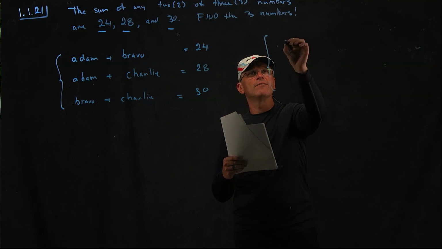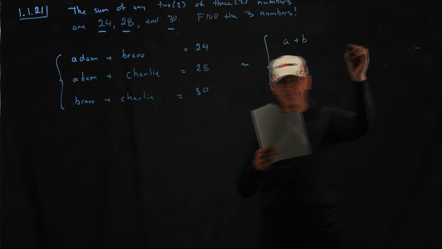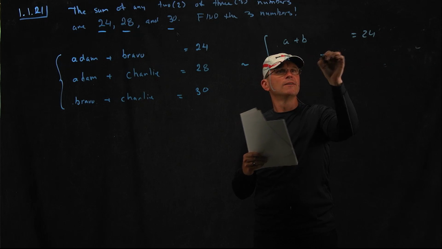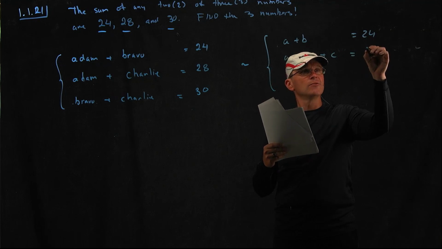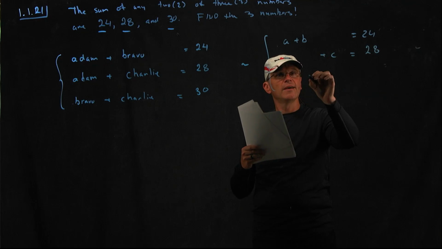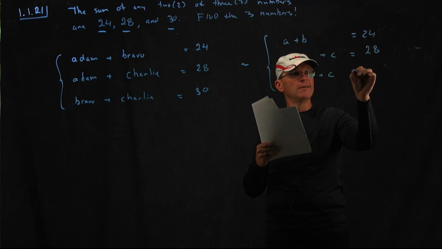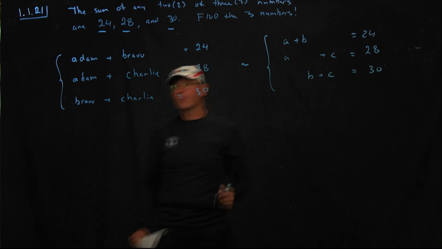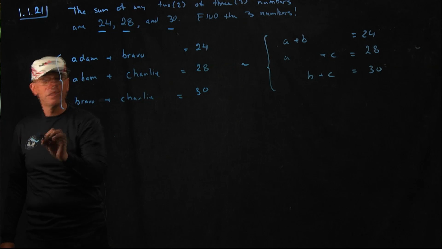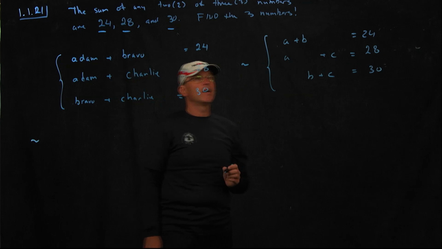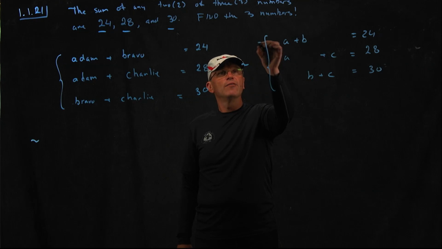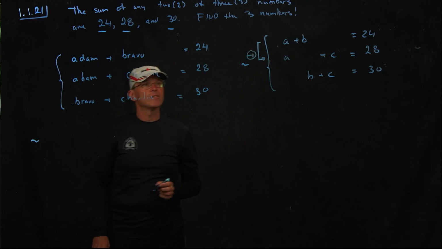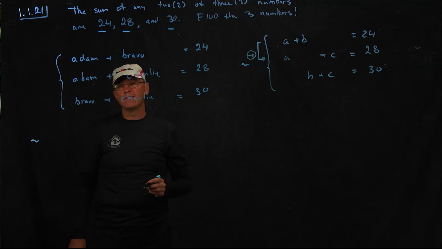So we have A plus B is 24, A plus C is 28, and B plus C being 30. So then we would do our usual stuff. We will subtract the first equation from the second, so the A only survives in the first equation.